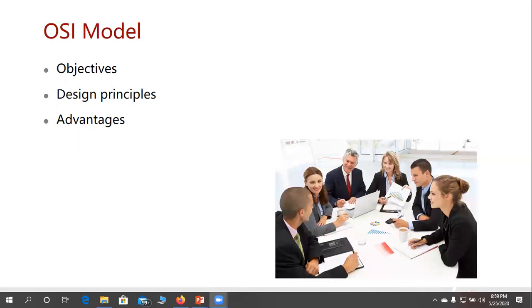The other principle is that each layer is a service user as well as a service provider. And the other principle is that these layers cannot overlap. That's how it is.